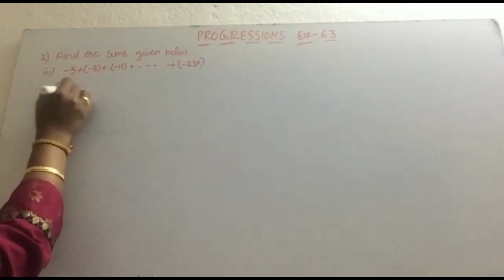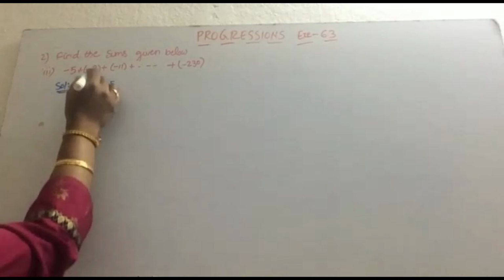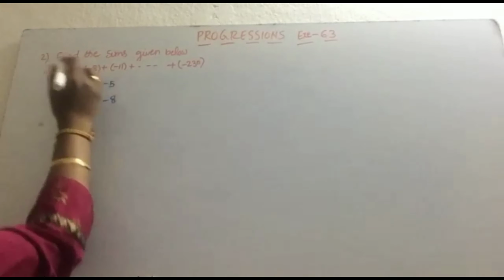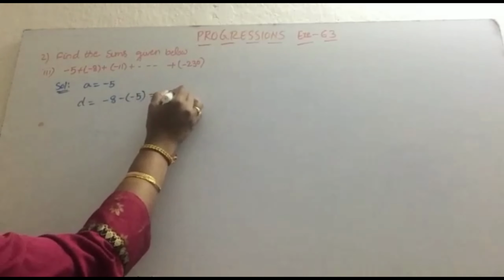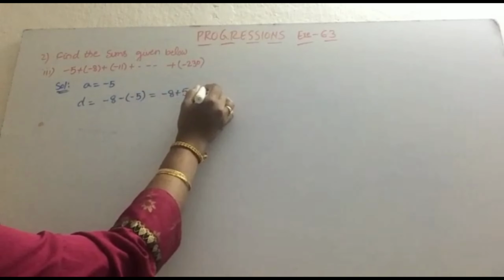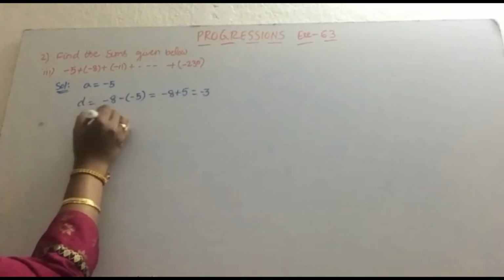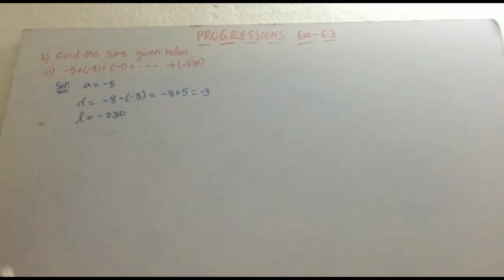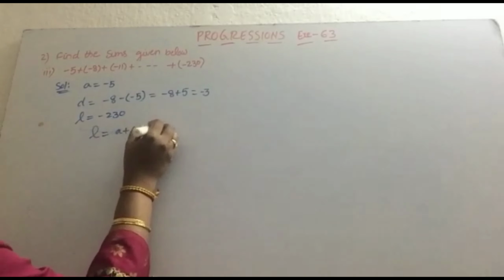Next problem is minus 5 plus minus 8 plus minus 11 and so on up to minus 230. So here a equal to minus 5, d equal to minus 8 minus of minus 5. So that is minus 8 plus 5, that is equal to minus 3. And here last term l equal to minus 230. And we know that l is equal to a plus n minus 1 into d.